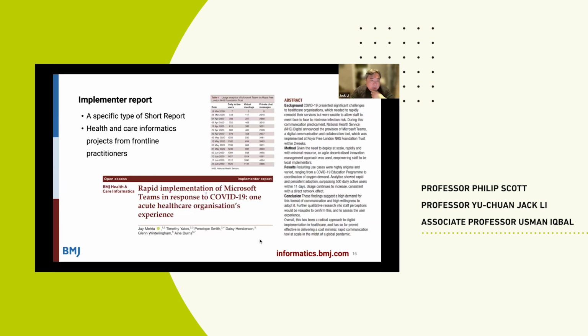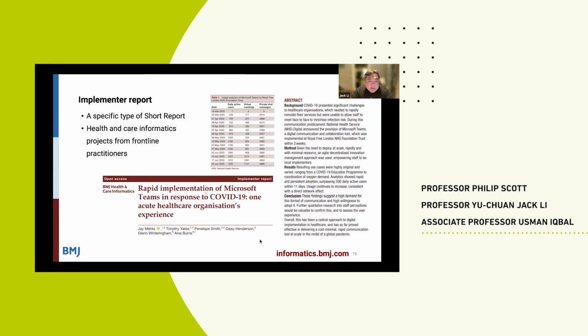Another quite popular type of paper is called implementer report, because BMJ HCI, the journal, wants to emphasize implementation science, not just basic research. We also want to emphasize real implementation experience and user response.